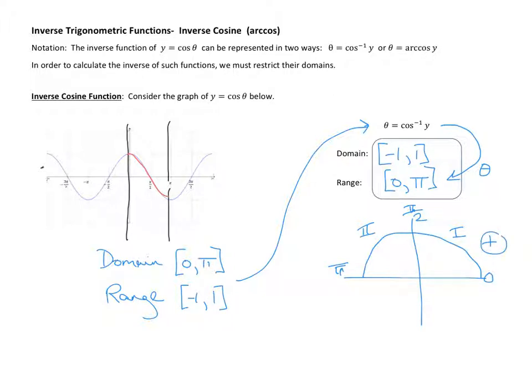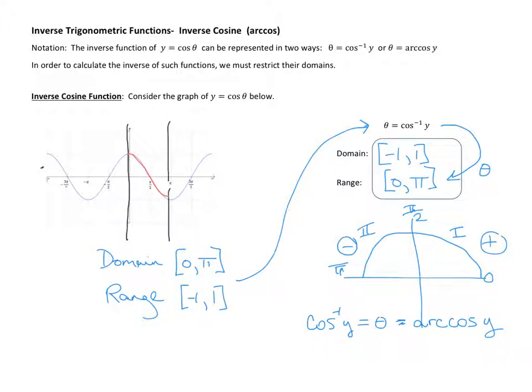Quadrant 2 always produces a negative cosine value. And one more thing to remember: when I ask you for the inverse cosine, that is the same thing as the arc cosine. They just represent the same thing, and sometimes they may ask you either way. As long as you know they mean the same thing, we're good.